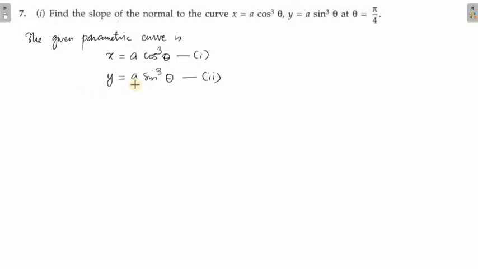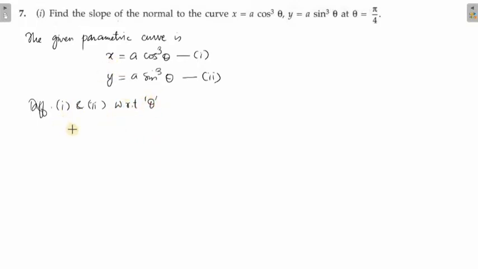First let's find what dy by dx is. For that, I need to differentiate both x and y with respect to theta, because theta is a parameter here. So differentiating 1 and 2 with respect to theta, let's see how much we get.